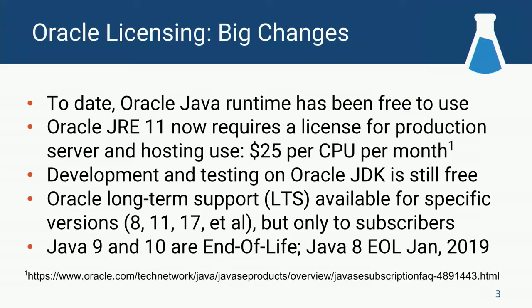Those are ones that, if you subscribe, Oracle will continue to support for years and years. I think Java 8 is promised through 2025 at this point, but they'll probably extend that if people keep paying them. And then 11, which just came out, is going to be a long-term support version, et cetera. But that's only from Oracle if you subscribe.